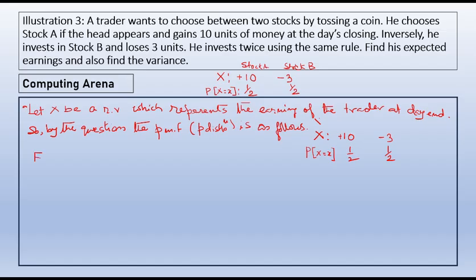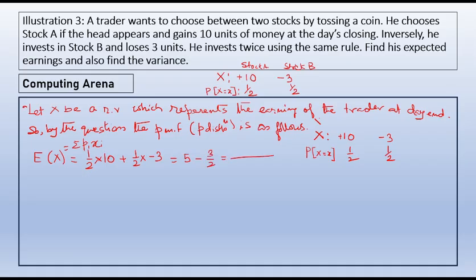Now expectation of X is equal to half into 10 plus half into minus 3. It is better to always write the formula, so you may write the formula before writing this, summation p i into x i. So the first gives me 5 and the second gives me minus 3 by 2.